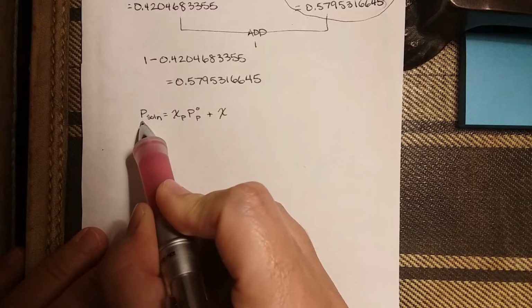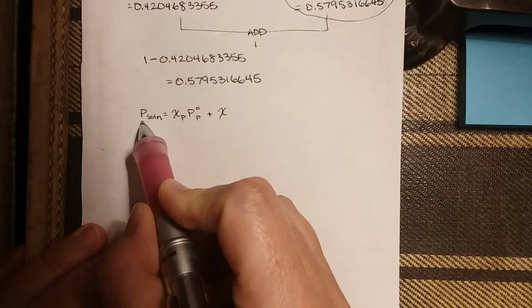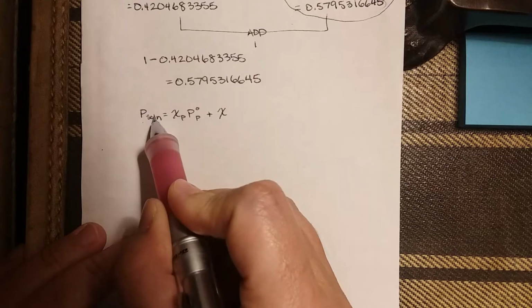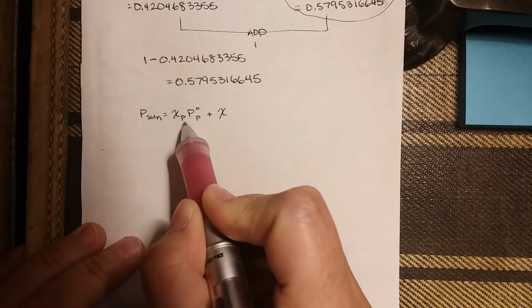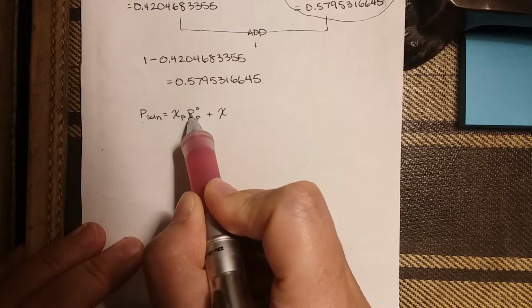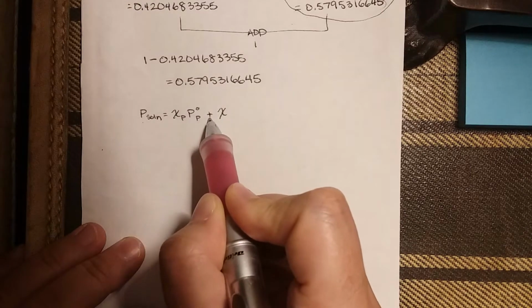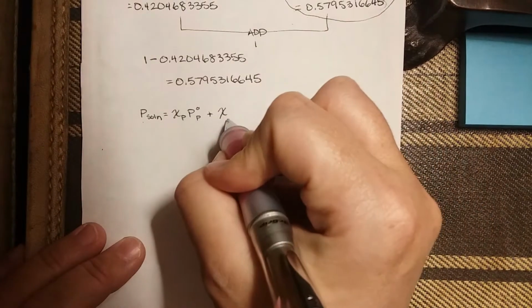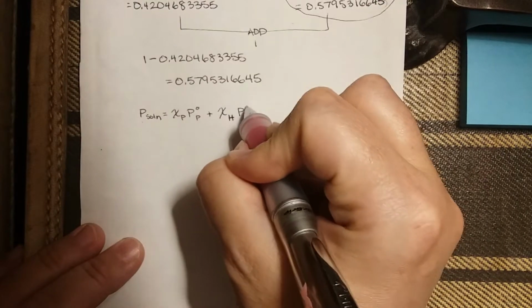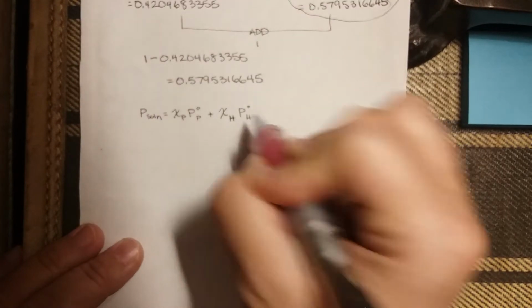All right, so we have this two-component formula of Raoult's law, which is that the pressure of the solution equals the mole fraction of pentane times the initial pressure of pentane, plus the mole fraction of hexane times the initial pressure of hexane.